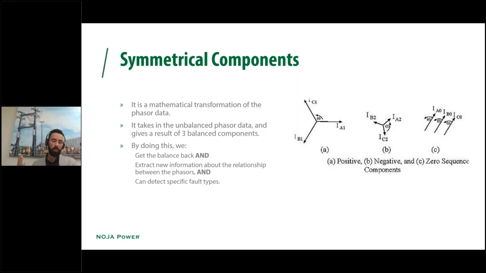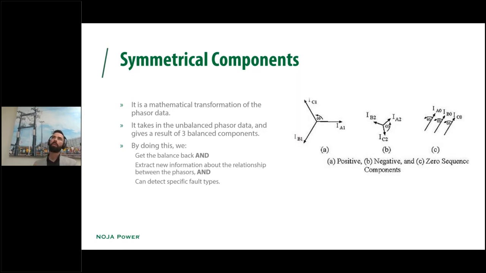So if we know what I1 is, we know what each of the individual legs are because there is a relationship between each of those. And in the positive sequence case, it's a 120-degree phase shift in the conventional rotating direction. For the negative sequence, it's basically the same, except you're rotating in the opposite direction. And lastly, the zero sequence makes up for any leakage in the system.